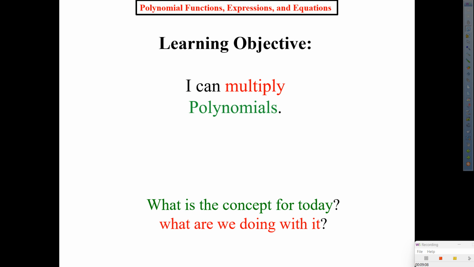All right, pop it on your screen, 20 seconds. Type me the definition in your own words of polynomials on the screen. 20 seconds. Ten, 9, 8, 7, 6, 5, 4, 3, 2, 1.